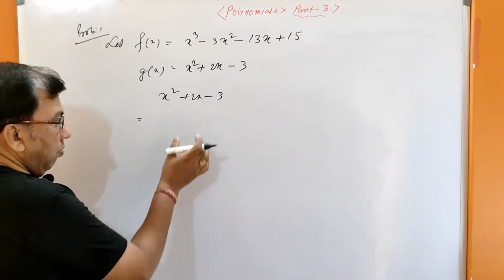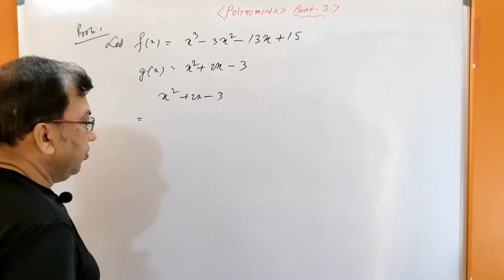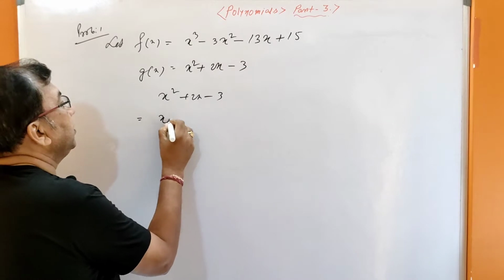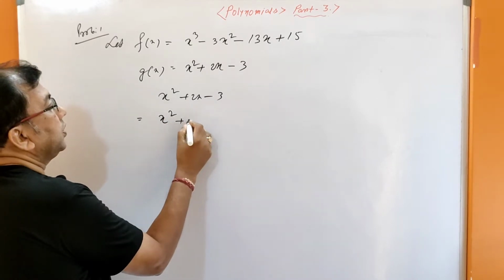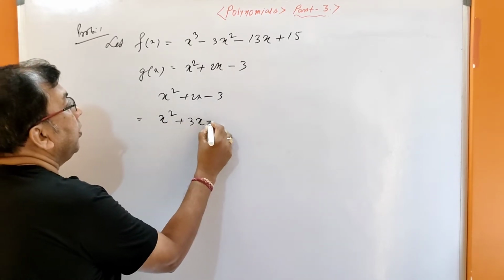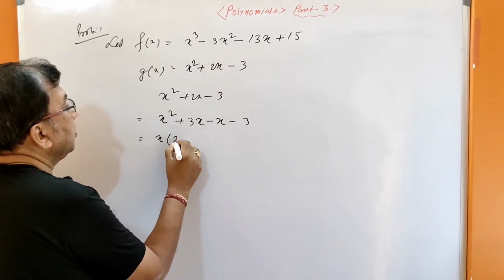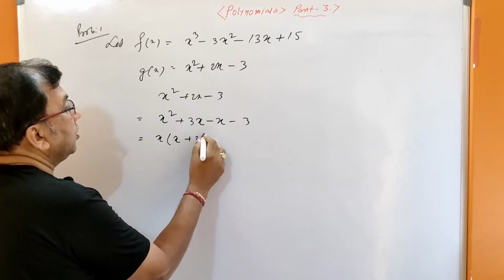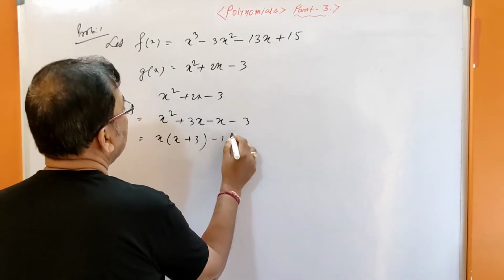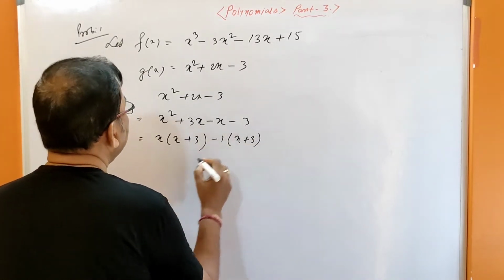If you factorize it by middle term factor, x square plus 3x minus x minus 3 equals (x plus 3)(x minus 1). So g(x) is the factor of f(x).